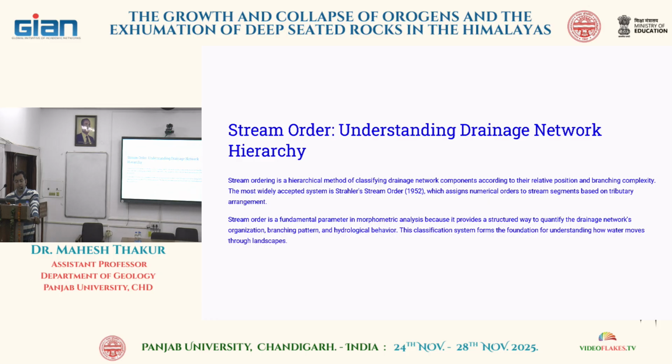The most widely accepted system is Strahler's stream order, which assigns numerical orders to stream segments based on tributary arrangement. Stream order is a fundamental parameter in morphometric analysis because it provides a structural way to quantify the drainage network's organization, branching pattern, and hydrological behavior. This classification system forms the foundation for understanding how water moves through the landscape.